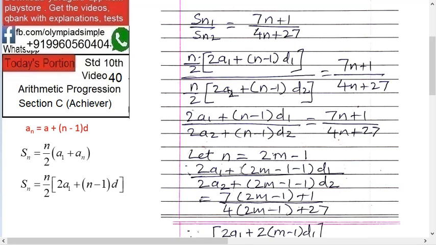So (2a1 + (2m - 1) d1) upon (2a2 + (2m - 1) d2), right? This is what the left hand side becomes now, equals, where n is, instead of n we are putting 2m - 1, 7(2m - 1) + 1 upon 4(2m - 1) + 27. Getting it? See here, we are replacing n everywhere by 2m - 1.